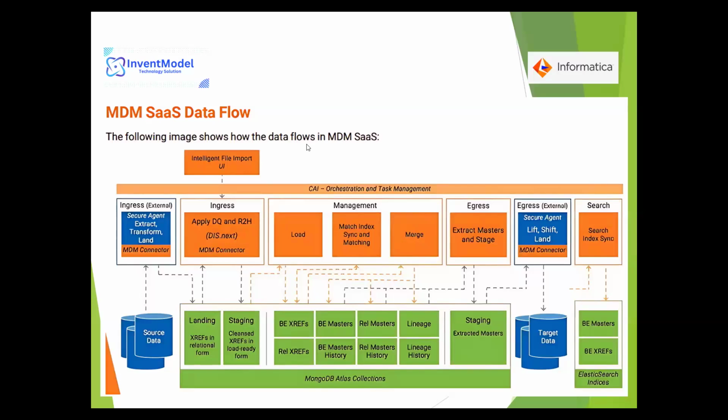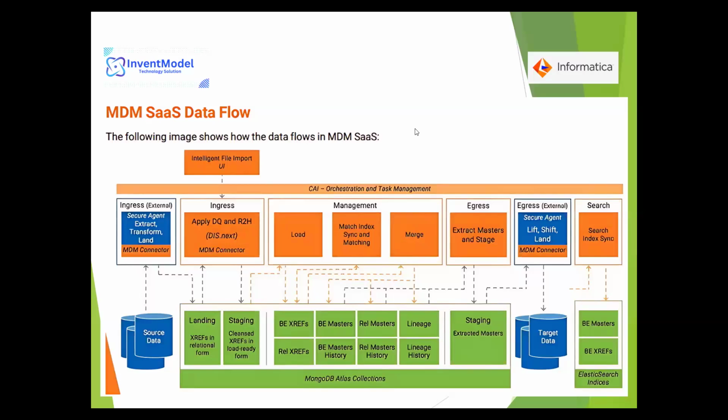In the top layer, we can see the Intelligent File Import UI. This basically provides us an option to directly import data into MDM SaaS. And on the left side, in the second row, you can see this Ingress External.